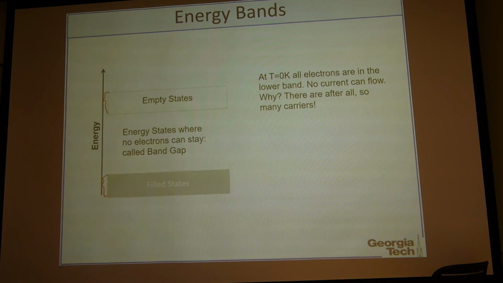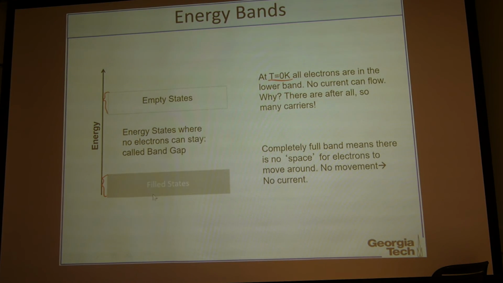Here the argument is again, we look at the condition of temperature equal to 0 Kelvin. We have seen this before in the bond model: all the bonds are satisfied, there's no breaking of the bond, so no free electron. In this band model it's similar. At T equals 0 Kelvin, all the electrons are in the lower band, so the lower band is fully filled and the upper band is fully empty. So no current flows.